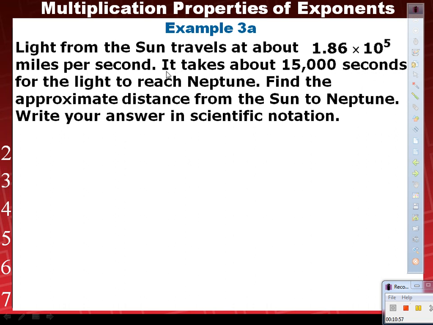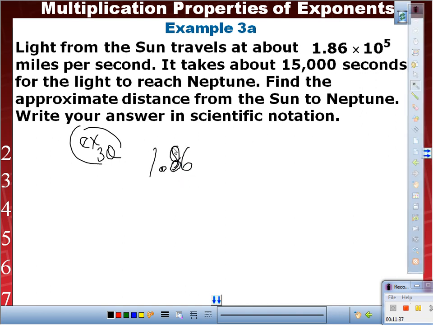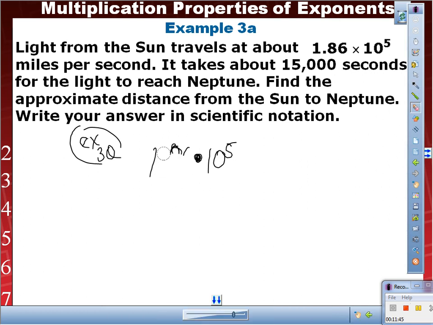But they want us to find, because it says it takes about 15,000 seconds for light to reach Neptune, the approximate distance from Sun to Neptune. Write your answer in scientific notation. So watch. Example 3Q. Check this out. So how much is it in 1 second? 1.86 times 10 to the 5th.